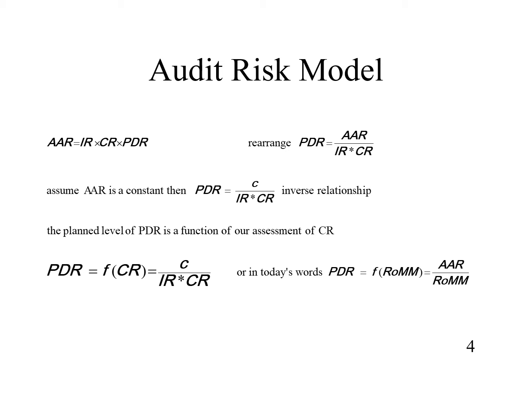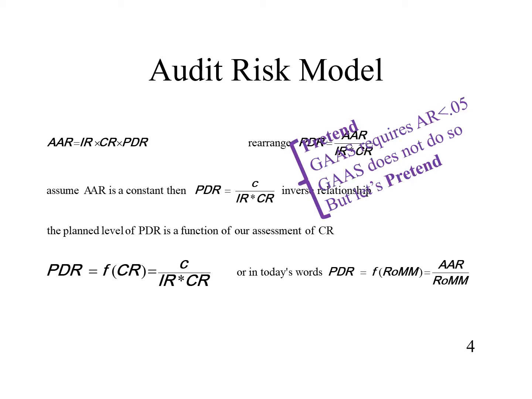Now, if we pretend that auditing standards require audit risk to be less than 0.05, we're going to pretend auditing standards don't require that, but let's pretend that auditing standards require that. Then the numerator becomes a constant. Then we have plan detection risk equals some constant, 0.05, over inherent risk times control risk.